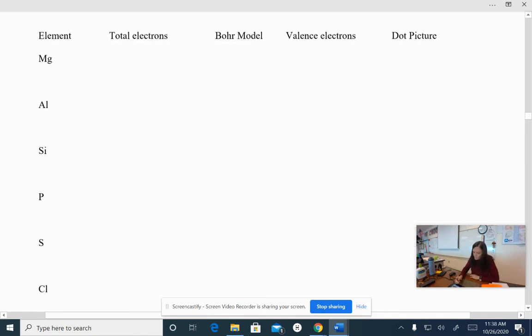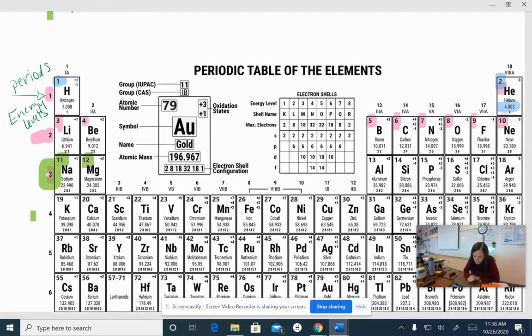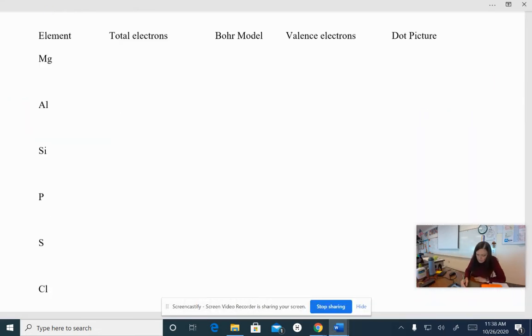Magnesium. If I look at magnesium, I've got 12 electrons, just 2 on that third level though. So magnesium, I've got 12 total electrons. In my Bohr model, I've got 2 on my first level, 8 on my second, so that gets me up to 10.